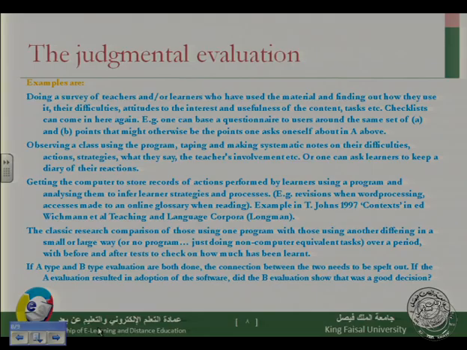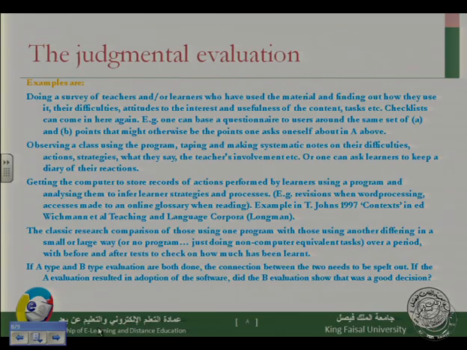If A-type and B-type evaluation are both done, the connection between the two needs to be spelled out. Well, if you do the judgmental evaluation, which is method A, with method B, the empirical evaluation, you need to spell out the connection between the two. Are they matching? Are they differing? Or are they matching with some differences? Or are they totally differing with some matches? You need to say this.